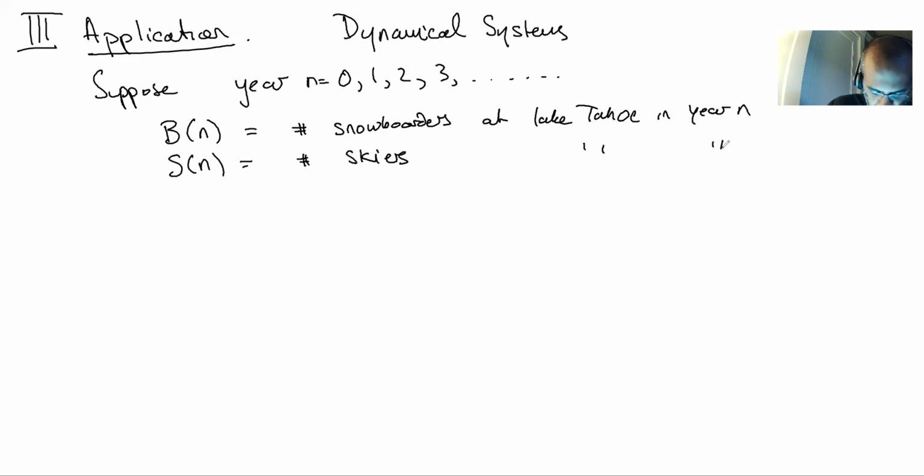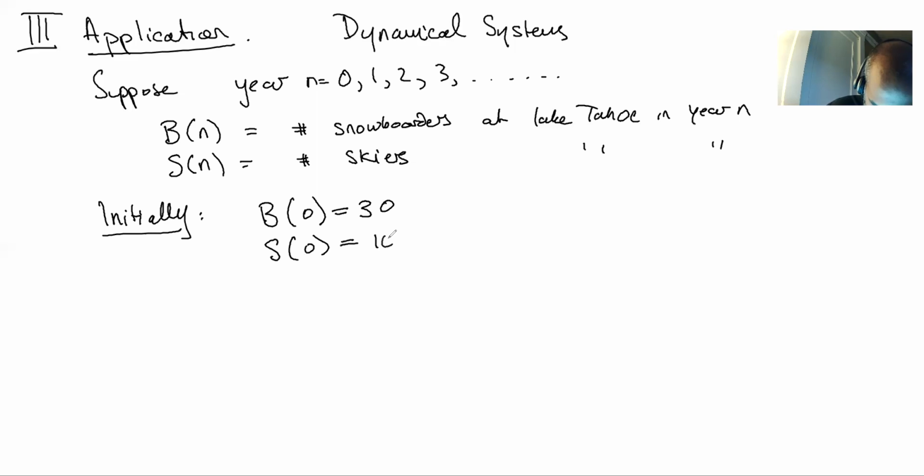And now suppose we know at year 0 what the populations are. So in year 0, which is, let's say, now, there are 30 snowboarders and 10 skiers. Those numbers are kind of small, but okay.